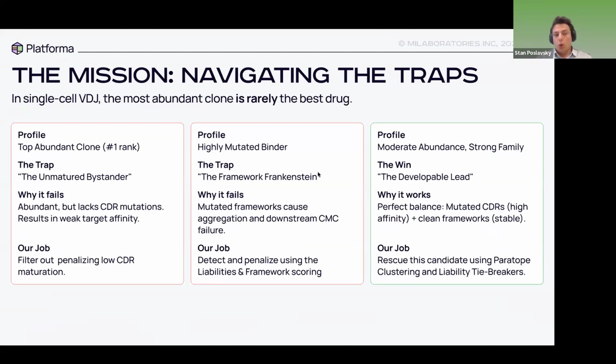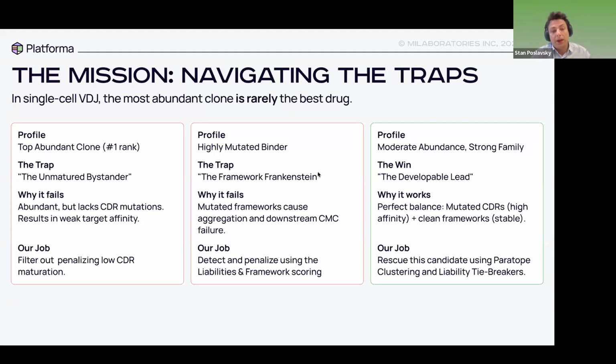We'll look at what the top abundant antibody means, and what the problem is with selecting just the most abundant clones, which may lack CDR maturations and result in a weak target affinity.